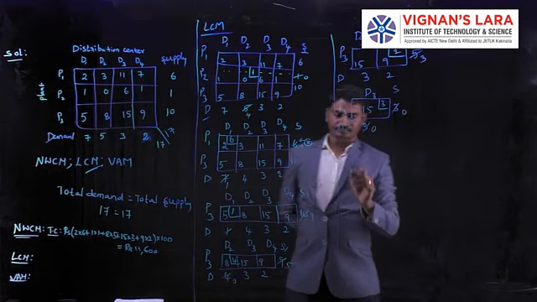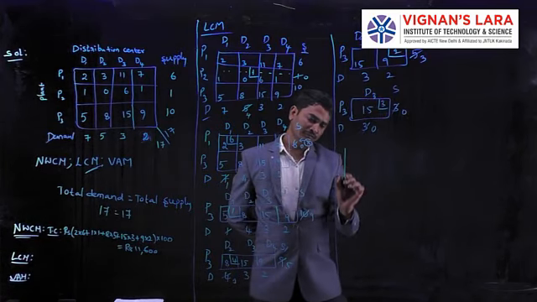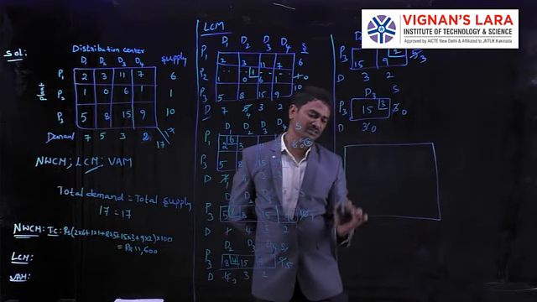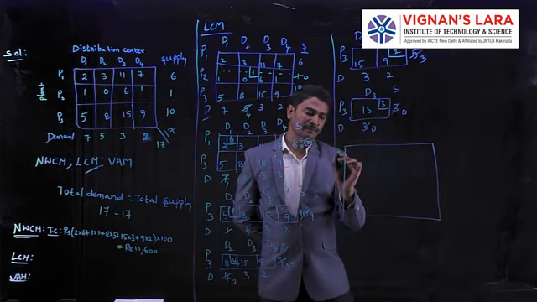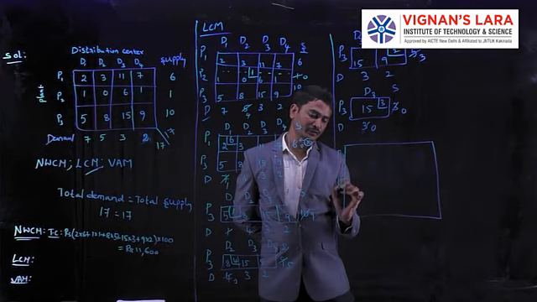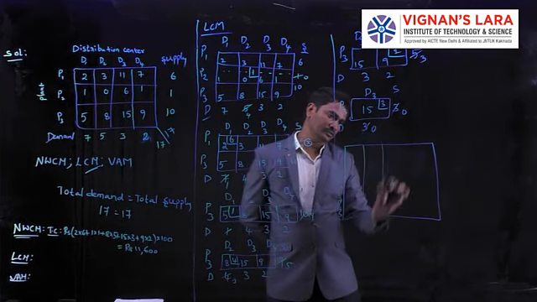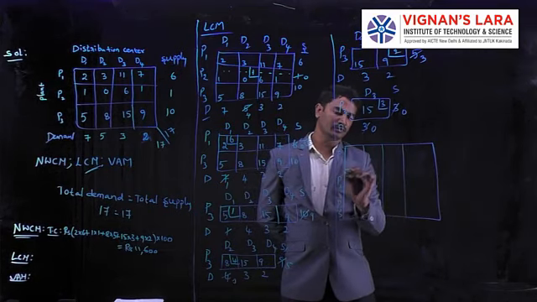It is over. Now we are going to find the total cost from the allocations. Here I am taking the allocations in one table: P1, P2, P3 and D1, D2, D3, D4.